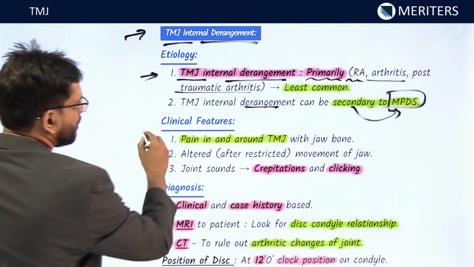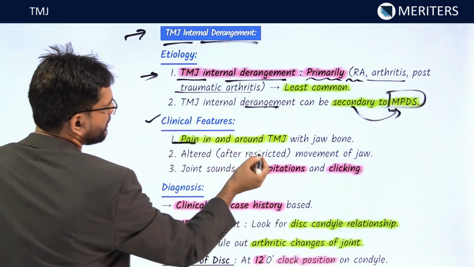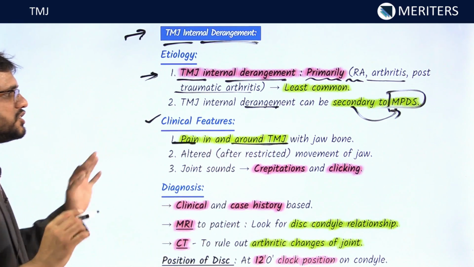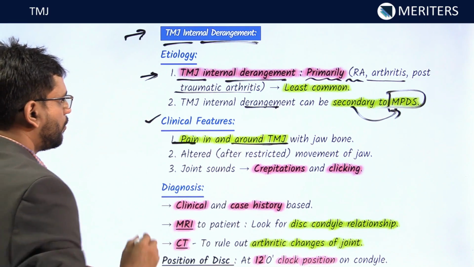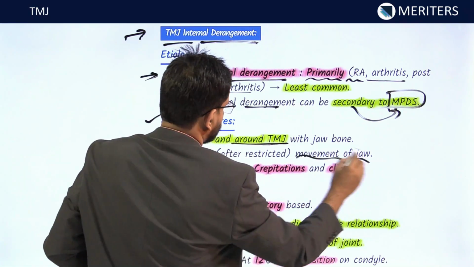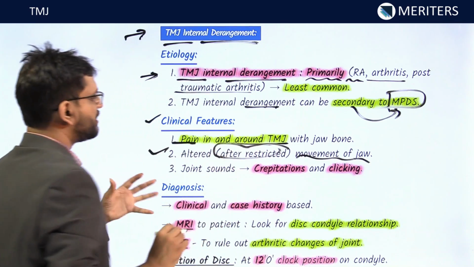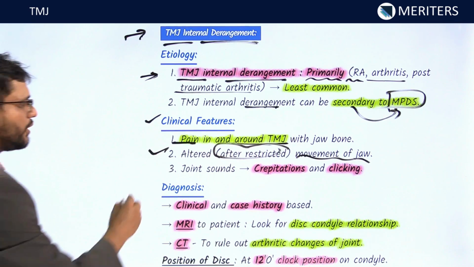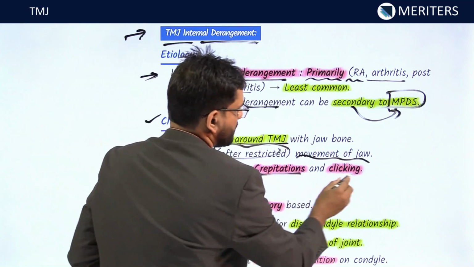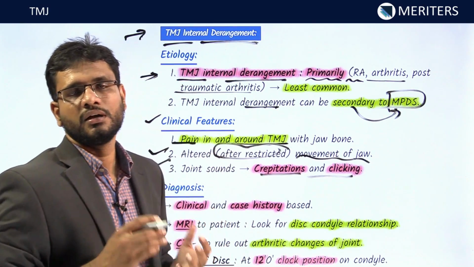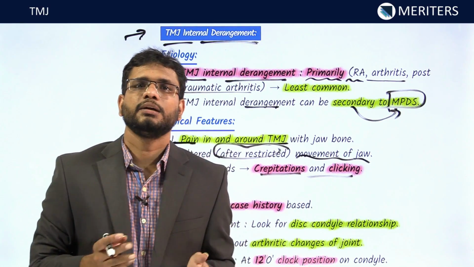Clinical features: pain in and around the TMJ with the jaw bone, right? Altered movement of the jaw can be there, and often it is restricted actually. Joint sounds can be seen, crepitations and clicking. So clicking noise of the joint can be seen, but before that pain will occur.